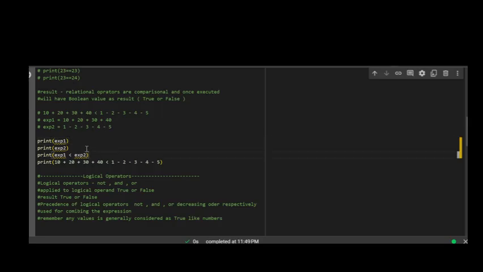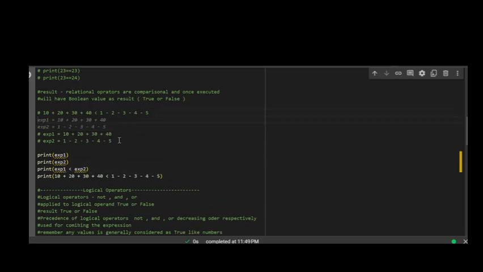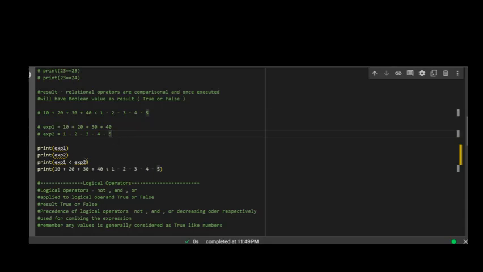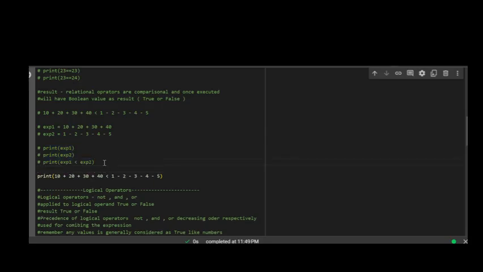Now we have the expression, print expression 1 2 3. These are two statements which we have taken, but we need not operate on them. Let's comment this out as well. We'll just work on this single statement. For this statement, even a normal human mind, if you have learned basic operations like multiplication, addition and subtraction, knows that the left side would be a positive result and the right side would be a negative result.